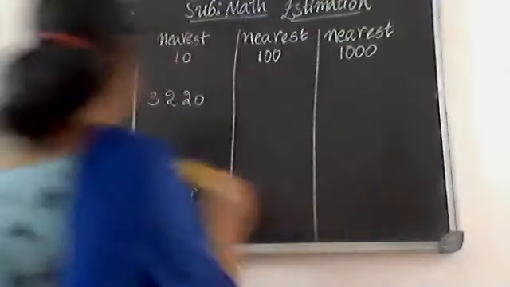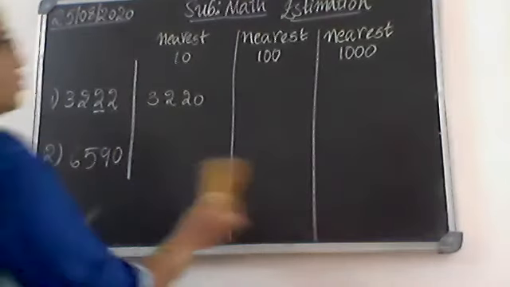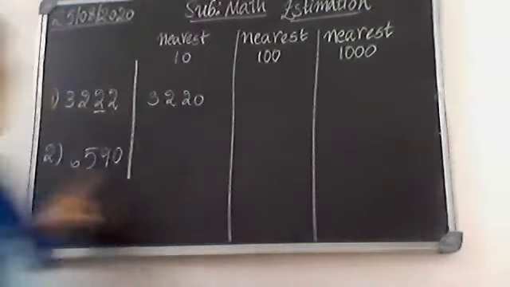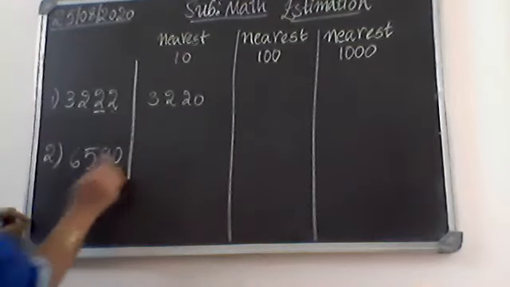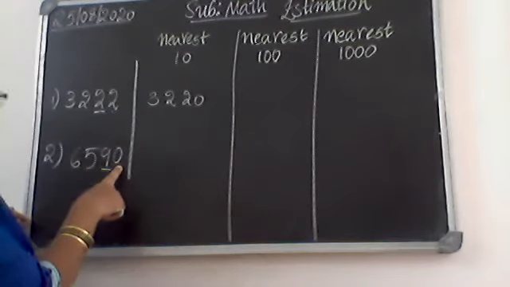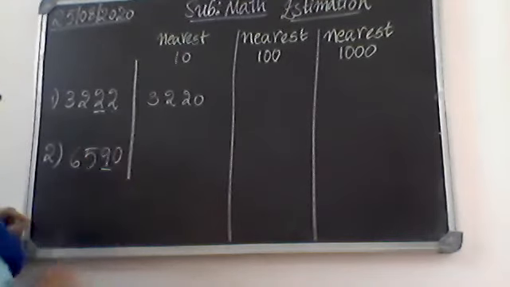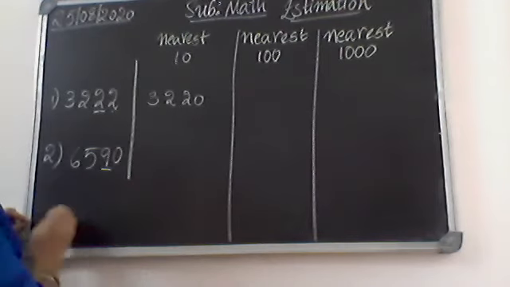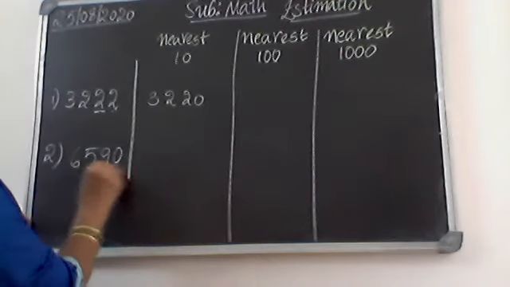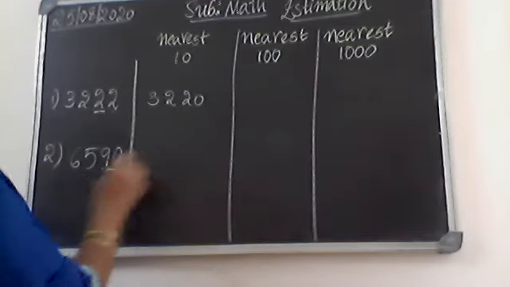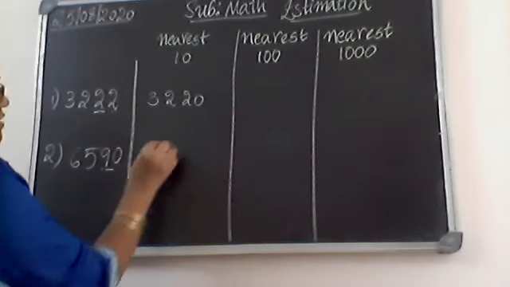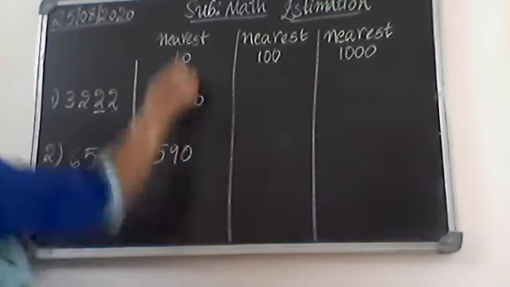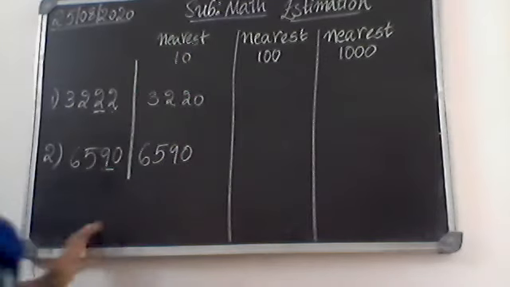Once again, we'll go to the second sum. I'll explain the same way. This is the tens digit. What is front of it? Digit 0. 0 is nearer to 0 on the number line. So, we will not increase this number 9 by 1. We'll write it just as it is. So, this is rounded to the nearest 10. It's already rounded to the nearest 10.